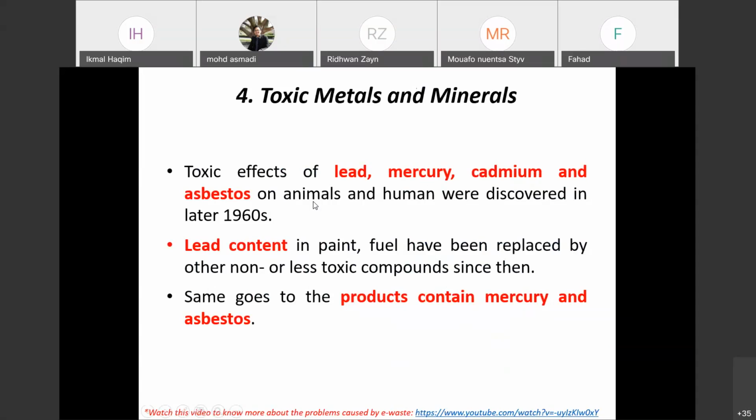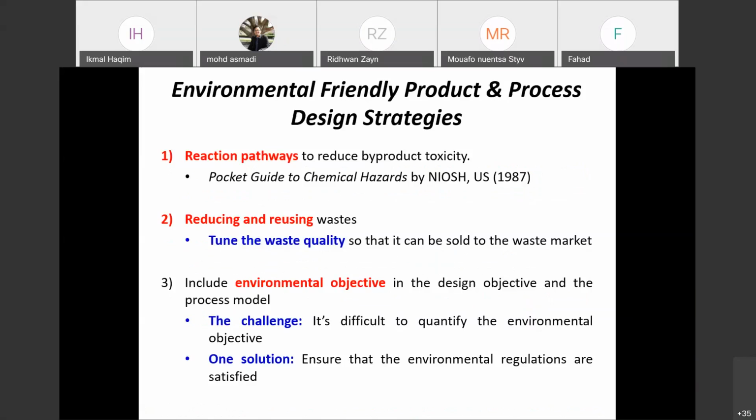So what are the strategies to reduce this? It is the product that is environmentally friendly. First is ration parts.